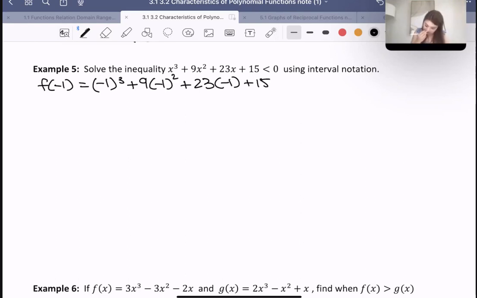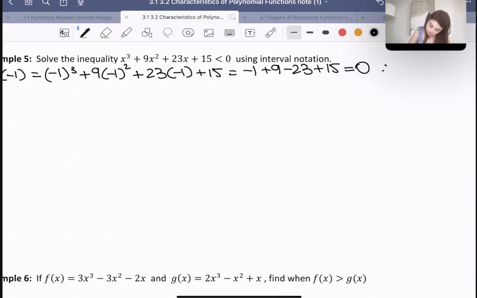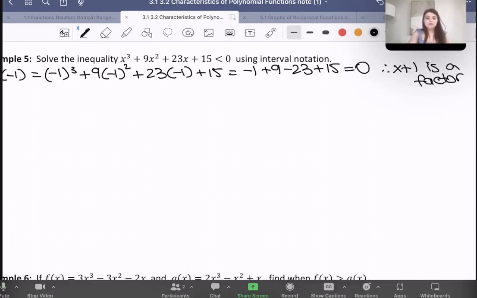Okay, so let's see if that works. That's going to equal negative 1 plus 9 minus 23 plus 15, which is 0. Excellent. So therefore, x plus 1 is a factor. And there we go.